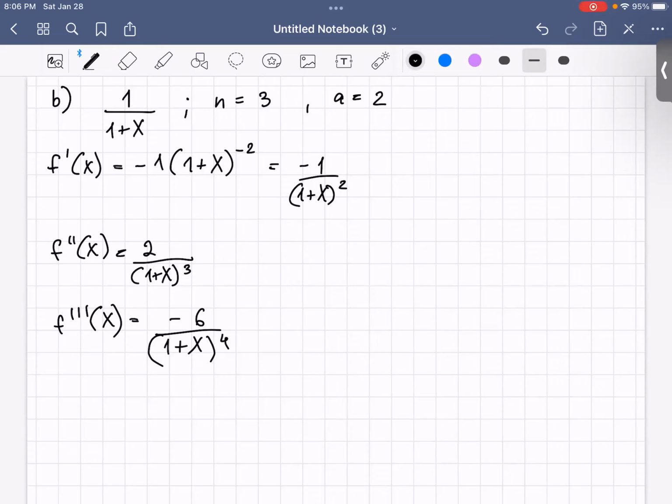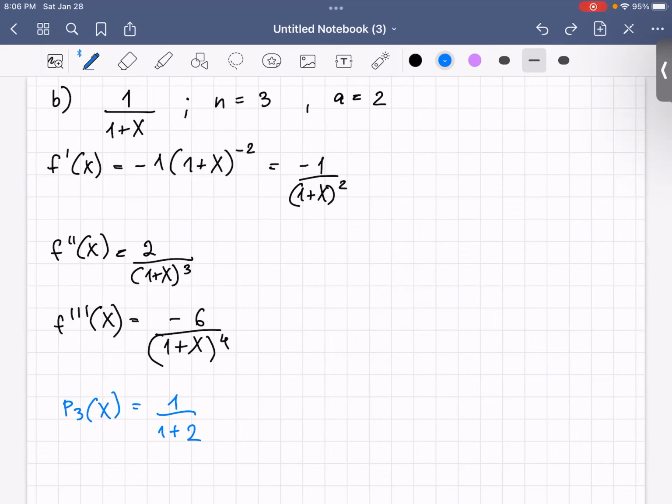Now we can construct our polynomial. Okay, so P3 of x equals f of a, which is 1 over 1 plus 3, plus f prime of a, which is this. We're just going to sub in, sorry, so this is 1 plus 2, right? Because a is 2, a is not 3, a is 2.